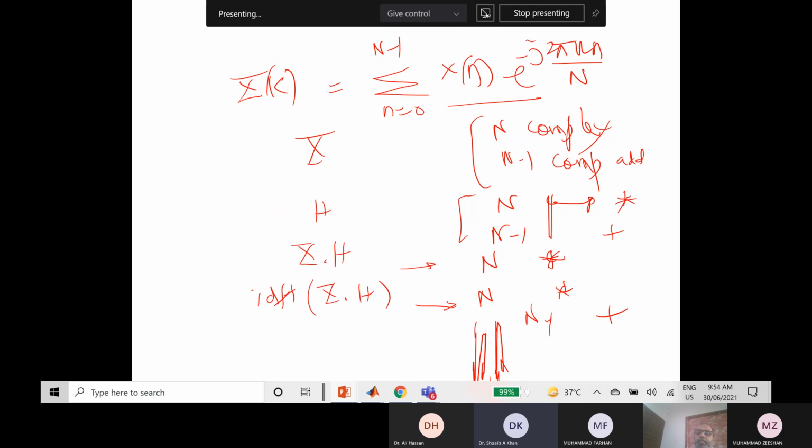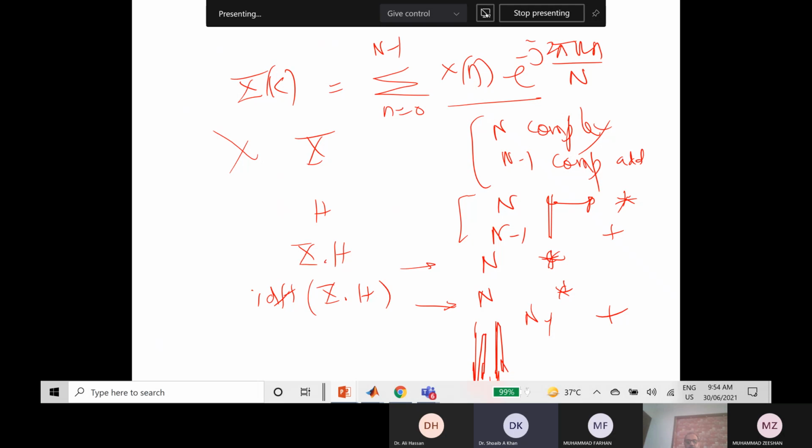Very computationally intensive. So obviously the convolution, which is only L plus M minus 1 points, once you are dragging and flipping and dragging, does not need as many complex multiplications as are needed here.